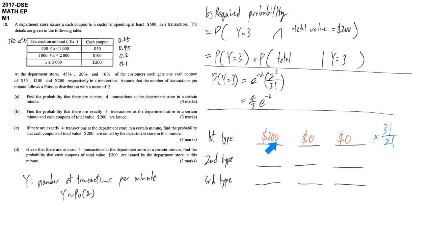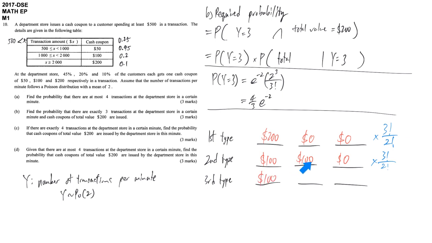If it is not 200, maybe 100. So if this is 100, then this one may be 100, and the last one should be 0. Again, we have 3 spaces, 3 factorial, and then divided by 2 factorial since 2 of them are repeated. The next type, maybe this one is still $100.